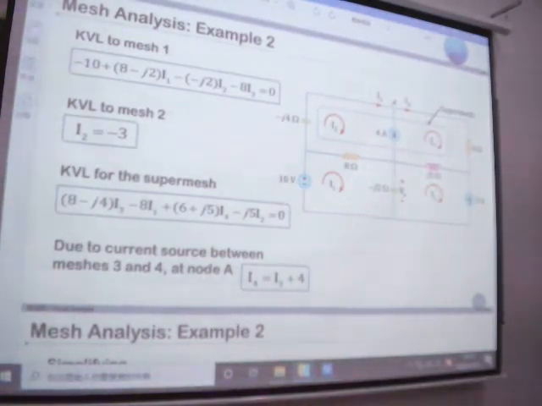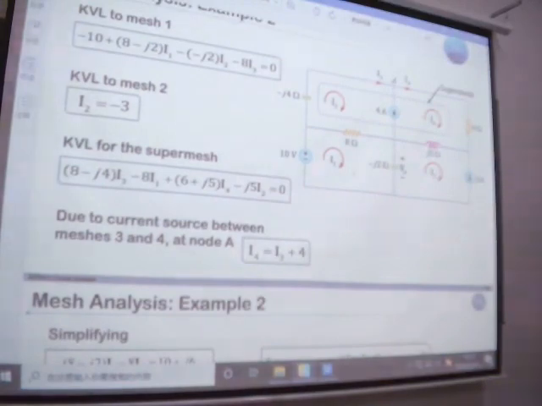So you must know this, and then you can get the result. Then we have a super mesh, so it has one more equation. The current through the 4 ampere source gives I4 minus I3 equal to 4.